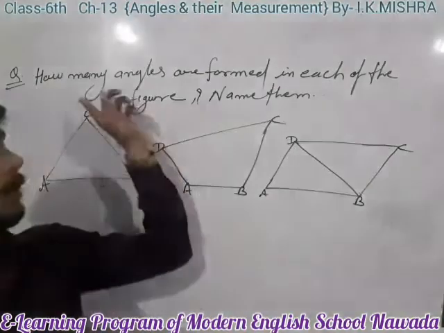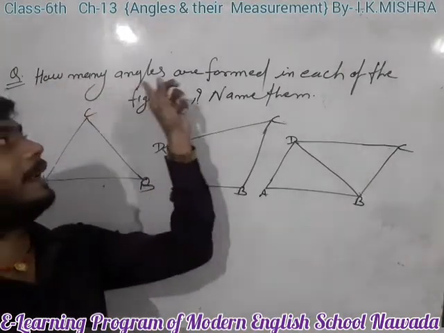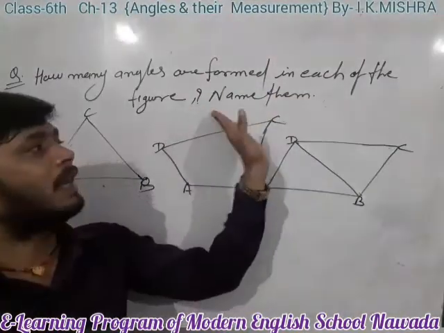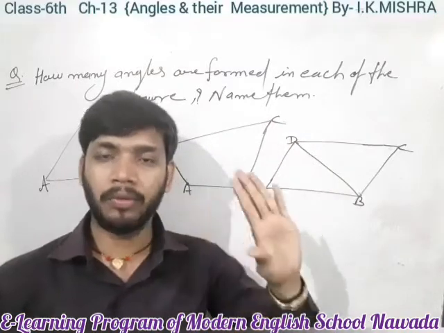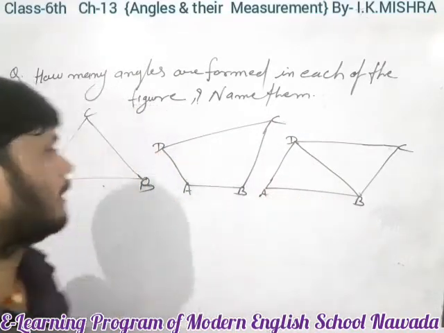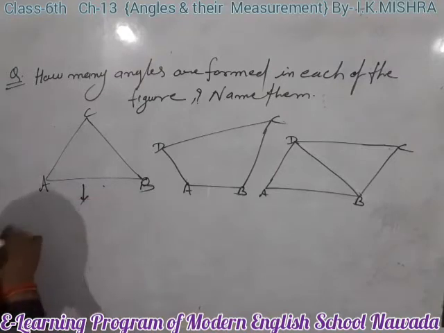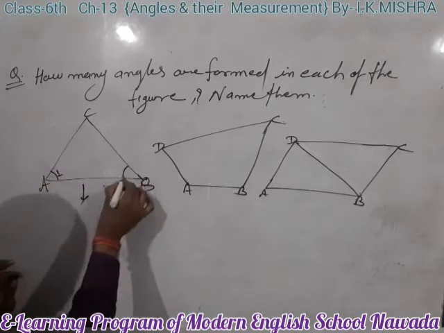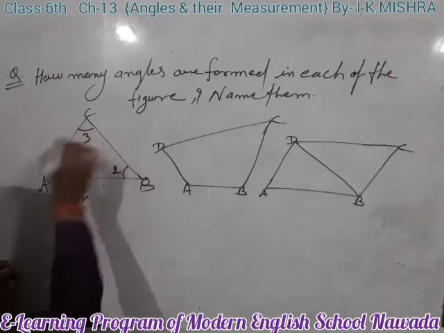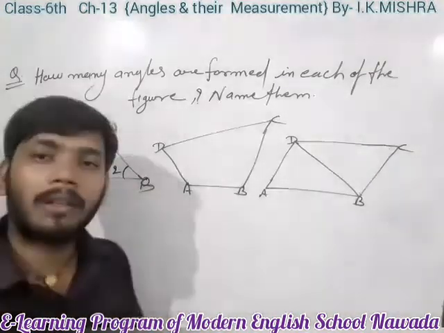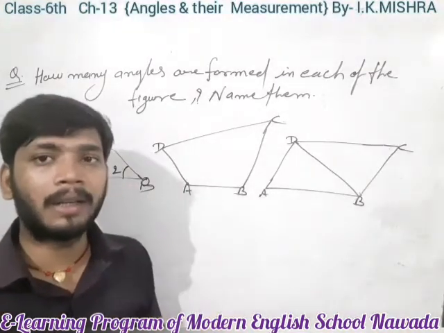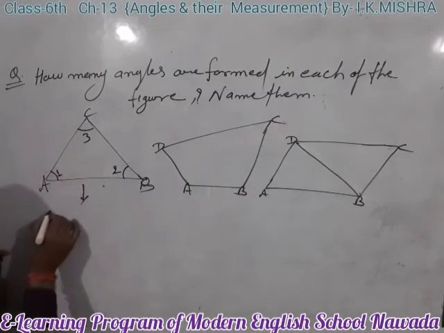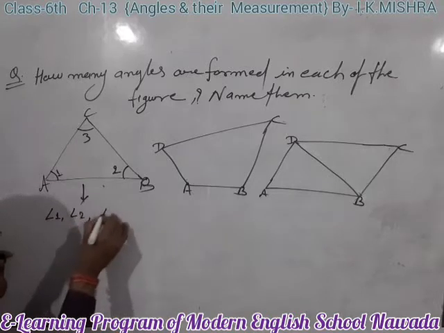Students, here I write a question. How many angles are formed in each of the figures given below? Name them, and you have to write the names of the angles. First of all, observe figure 1. Here in this figure, how many angles? Here angle 1, angle 2 and angle 3. Students, when you have to represent an angle, you can write angle 1, angle 2, angle 3.